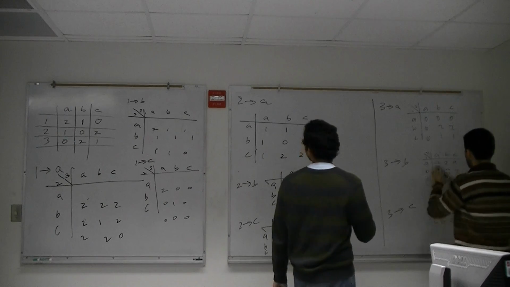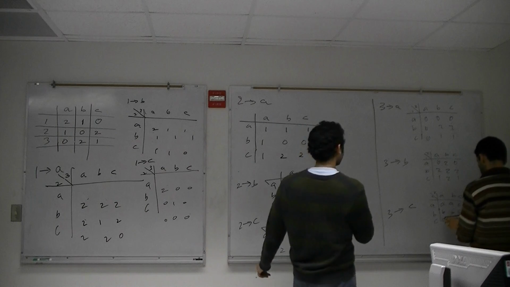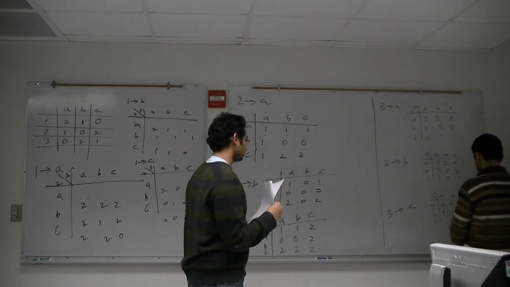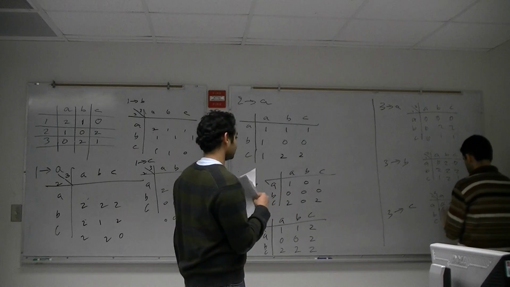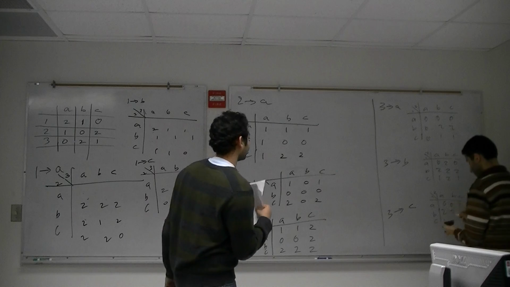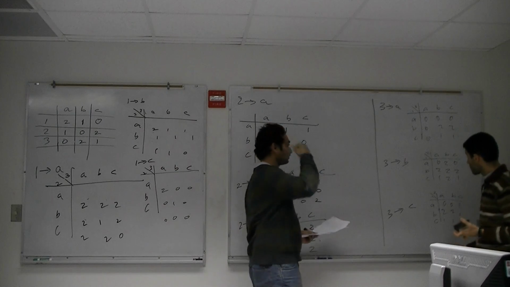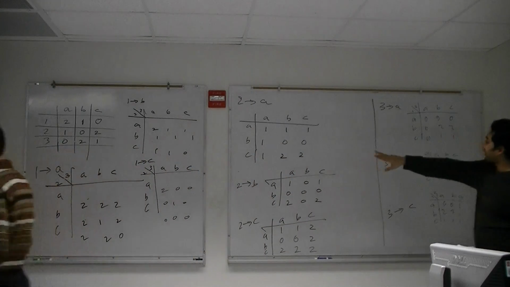C is equal to 1. So these were the total payoff matrices that we derived.